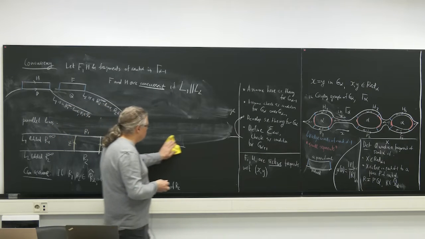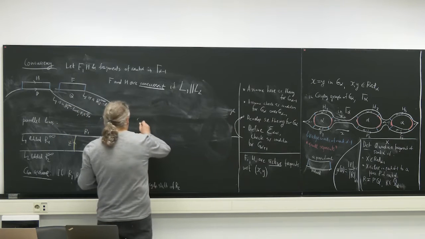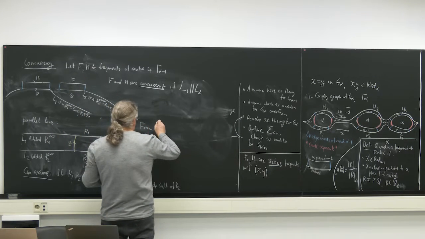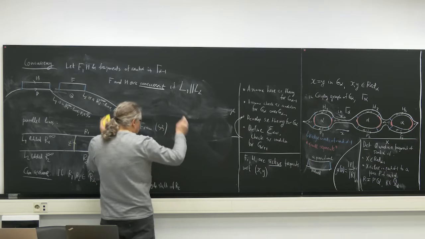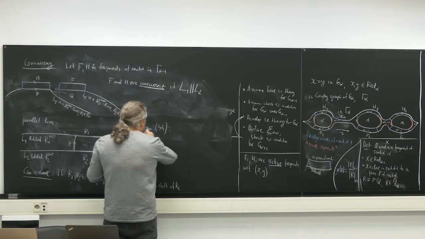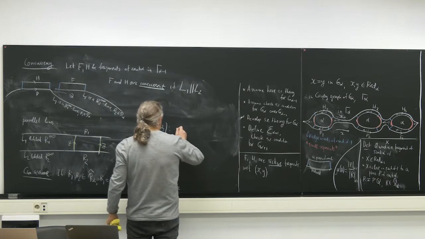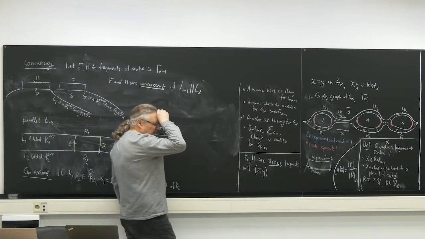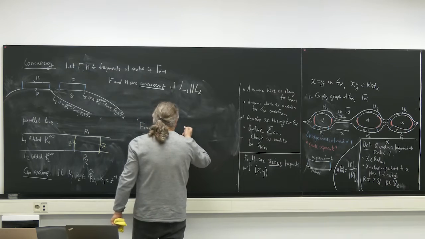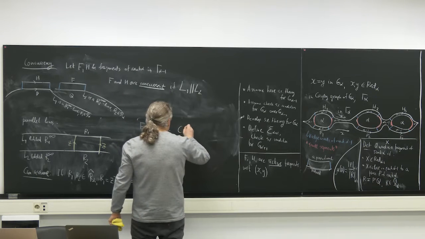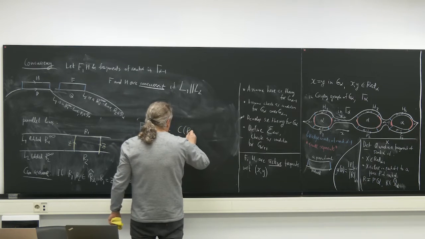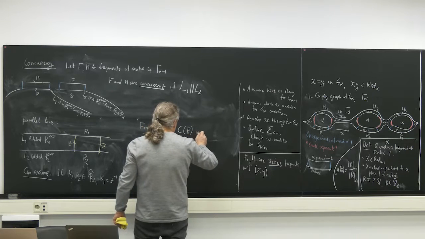Okay, from S3, from small cancellation theory, we get the following thing. It's enough to claim about the centralizer. The centralizer of every R is cyclic.